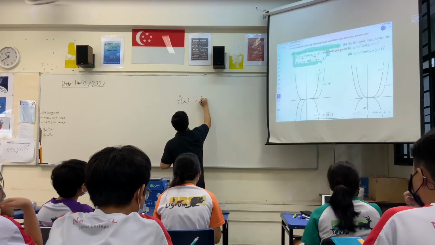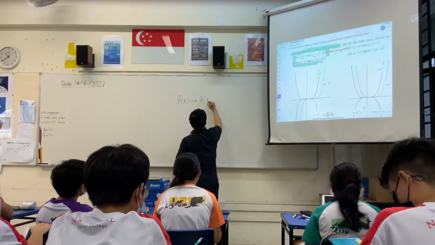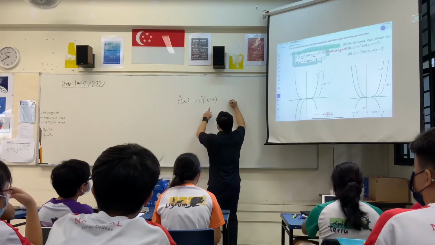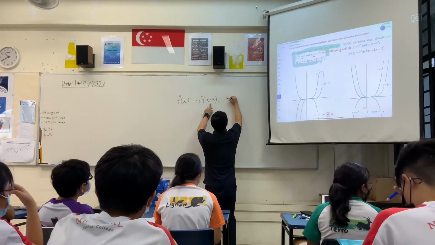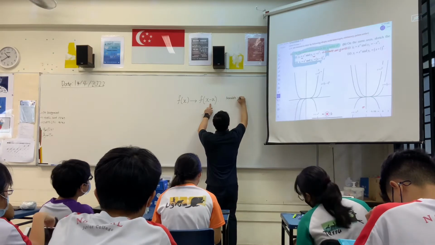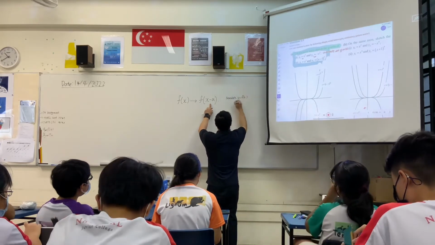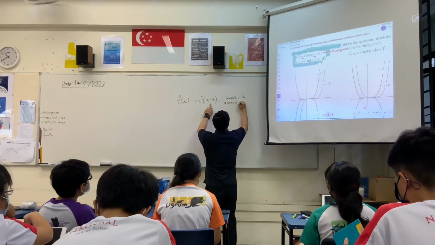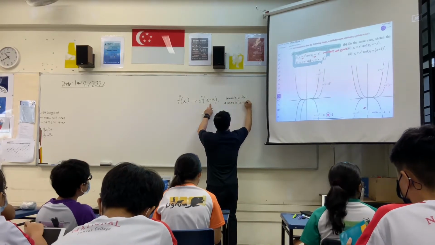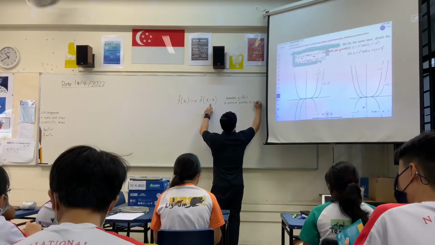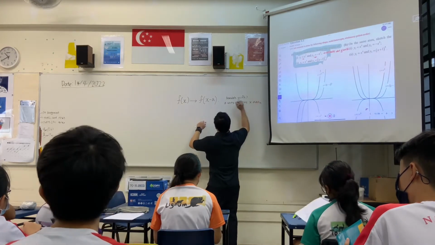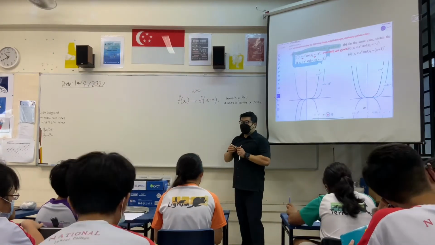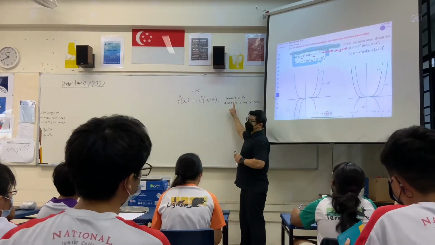For f(x minus a), this one is actually translating y equals f(x) a units in the positive x direction. Assume that of course a is more than 0. So this is called translation. This is senior high, you must know.